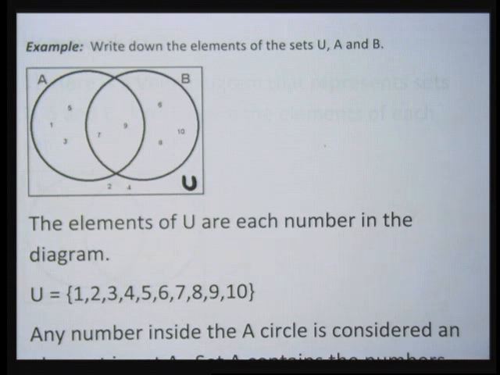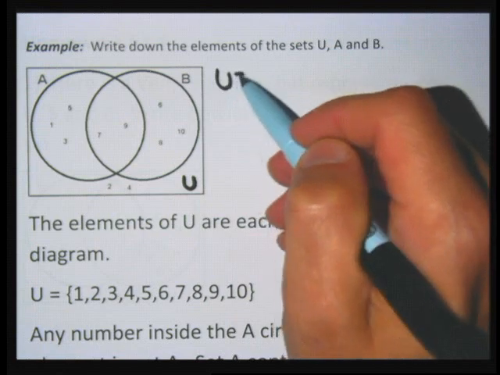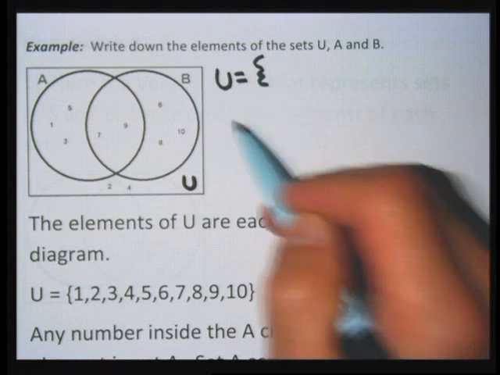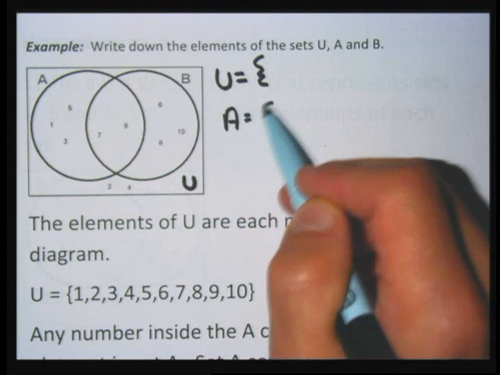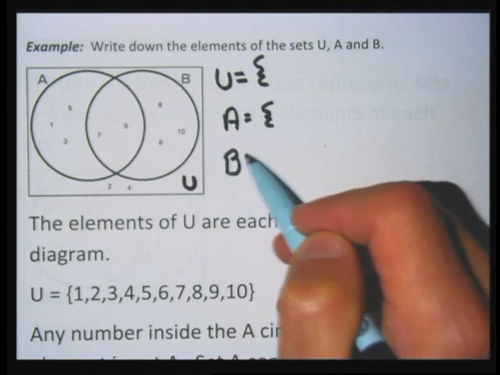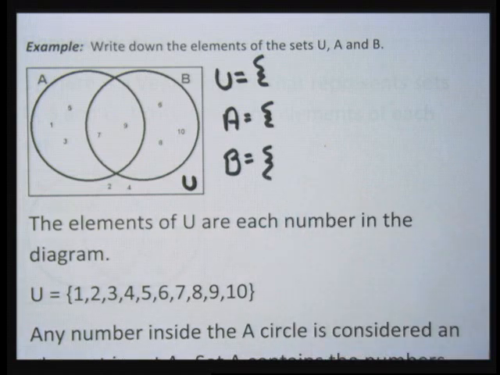Anything inside the rectangle would be considered part of set U. Anything inside the A circle will be considered a part of set A. And anything inside of the B circle will be considered a part of set B. And what I want to do is just simply write down the elements that are in each of the sets.